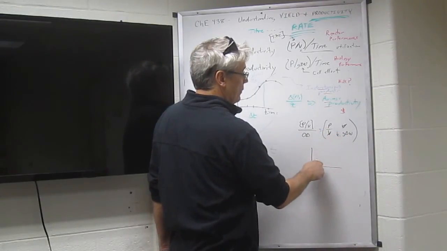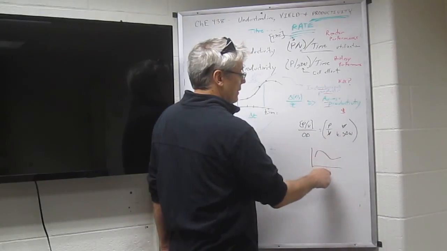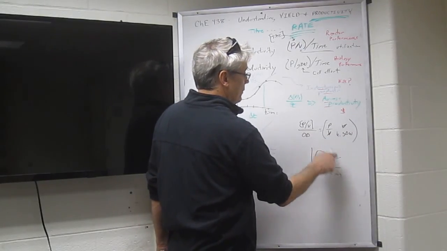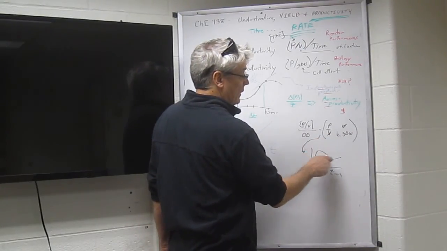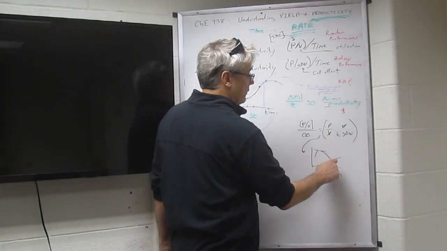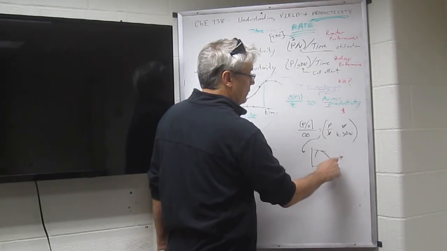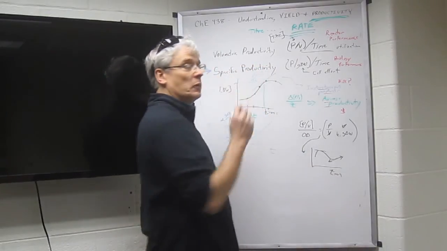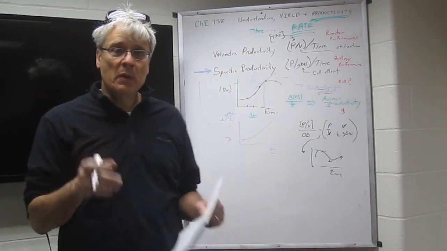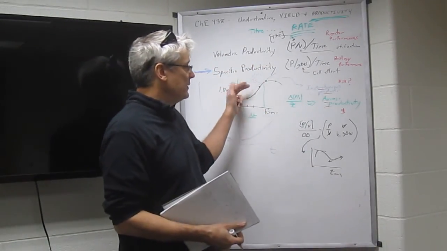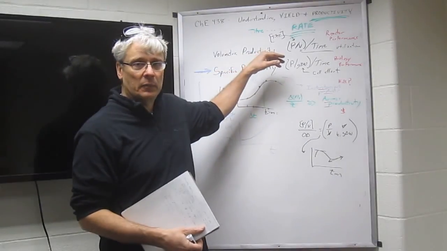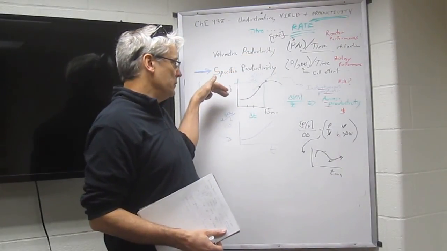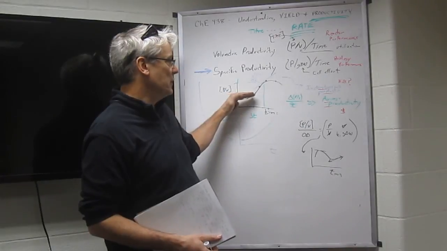And then that plot, whatever it happens to be doing, and this is time here, and I make this on the y-axis. Now any slope that I get from this curve will then be the specific productivity. And remember then, the specific productivity doesn't have a constraint of always going up, because your cells can be kind of chugging along and they can make nothing, nothing, nothing, nothing.